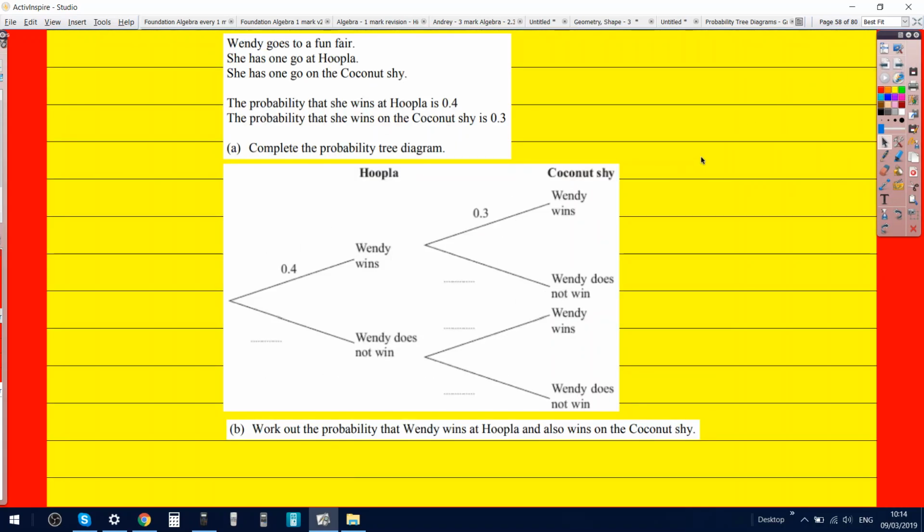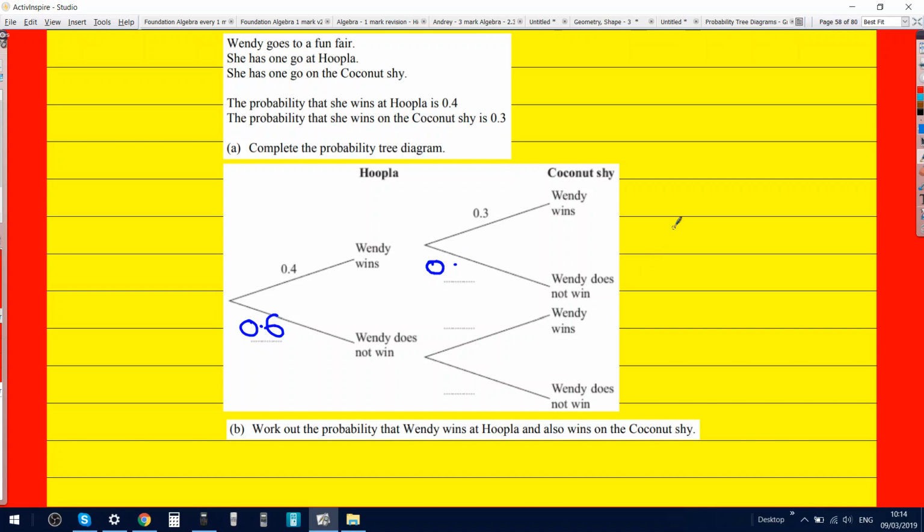This one is decimals, so I'll do this one. Would Wendy does not win be 0.6? Mm-hmm. And going back to the coconut shy, would the probability of Wendy does not win be 0.1?